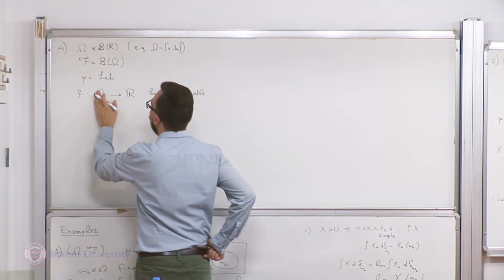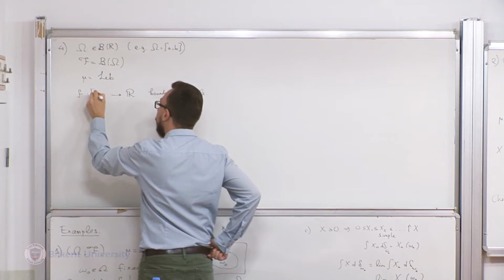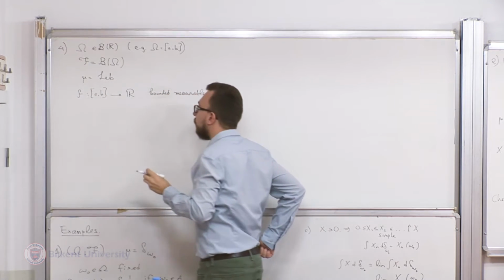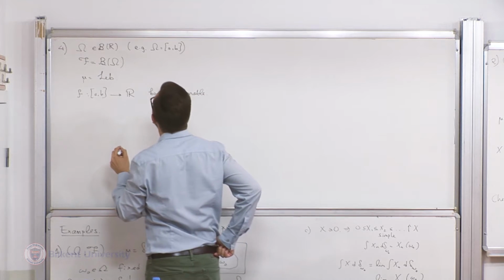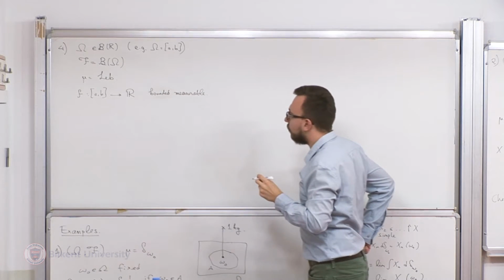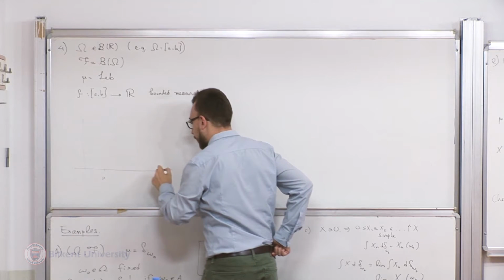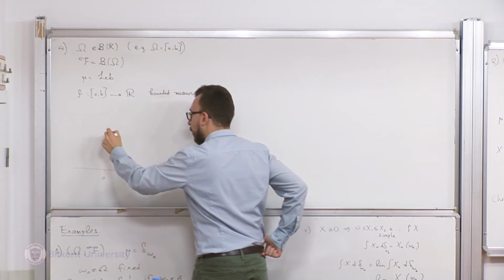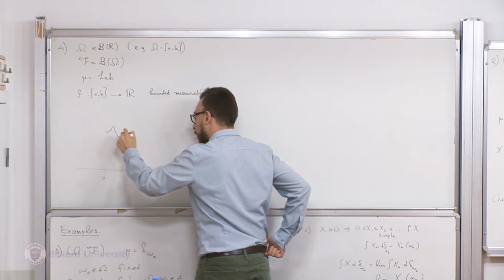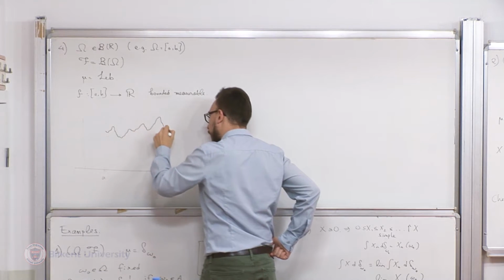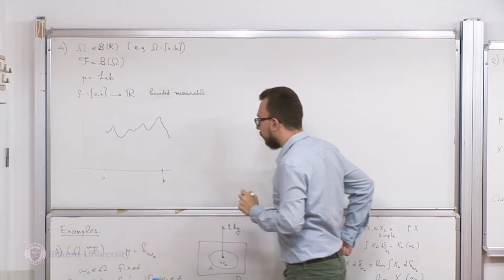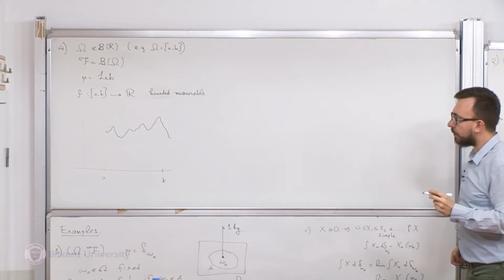And let's even suppose omega is just a to b. So we have a function like this, A here, b here. Something like this.